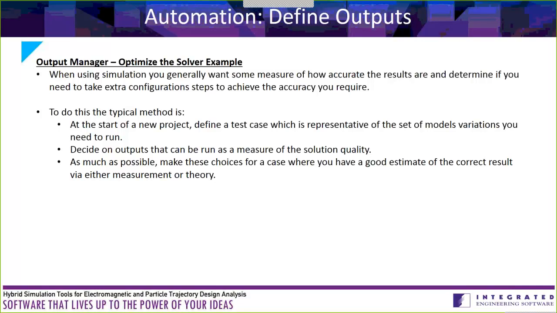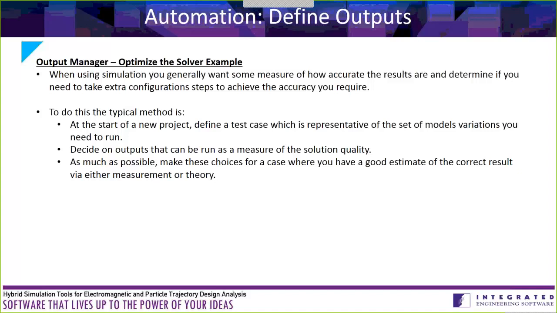This is something that I typically do and recommend to people at the start of any new project. When you're doing something different enough from what you've done before that you're no longer sure about the optimal way to set up the solver, then you should run a process of convincing yourself of what is the best way.